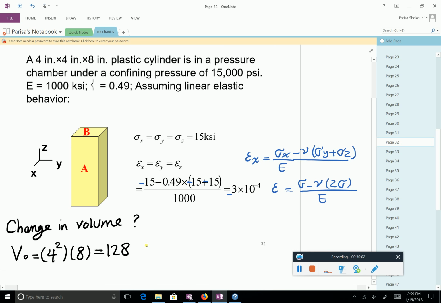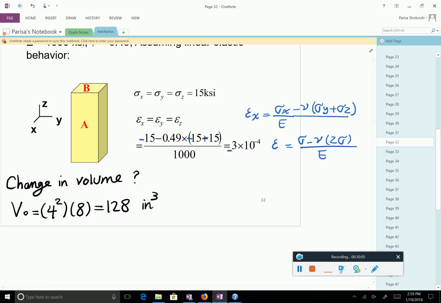It's 128 inch cubed. Now, what is the new volume? So the new volume would be the new lengths Lx, Ly, Lz.